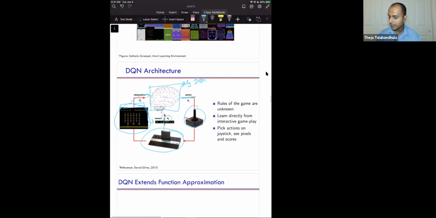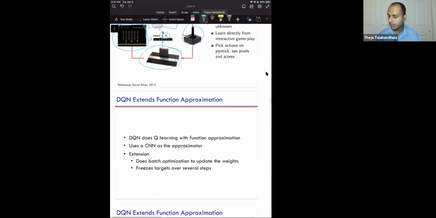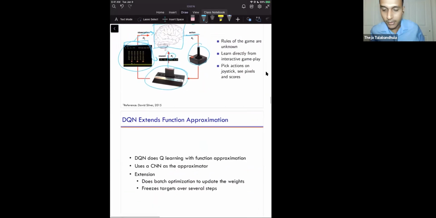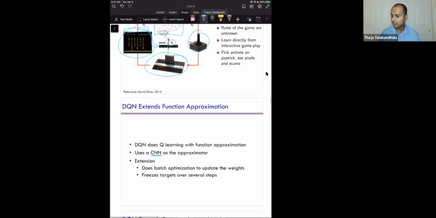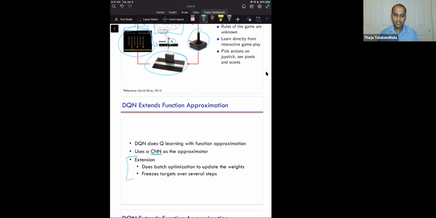That's the environment. Now let's get into what the function approximator looks like. As I said, it's a CNN. But there are two key things I wanted to quickly discuss. First is batching, so batch optimization, a batch version of these weight updates.